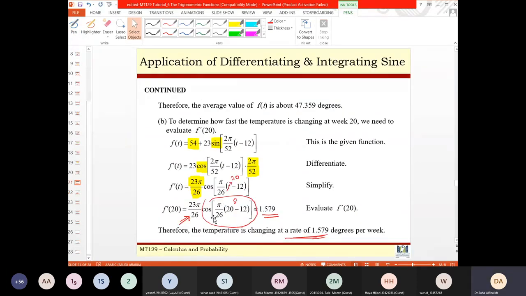طيب you have to multiply it with the cosine. You have to find this 23, 26. بعدين you multiply it with the cosine. الناتج هذا بعد ما نضرب بالكوزاين.